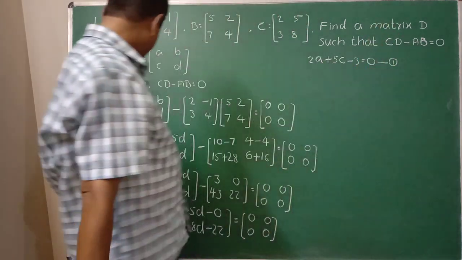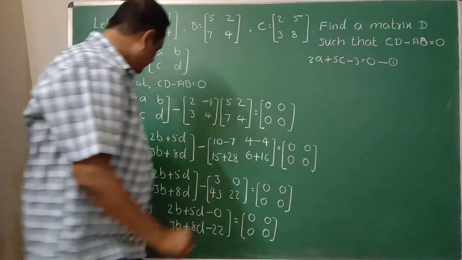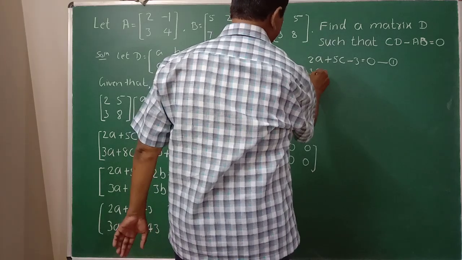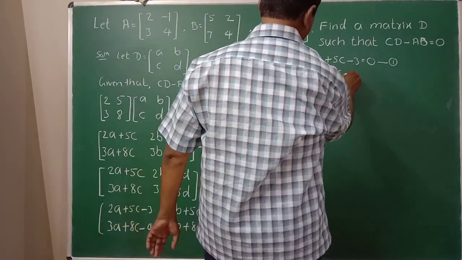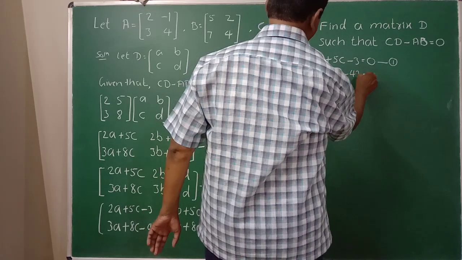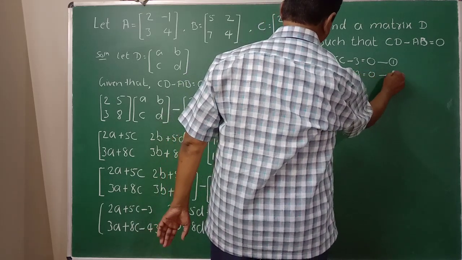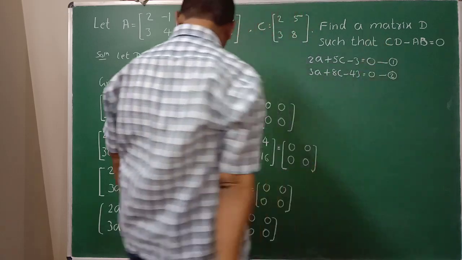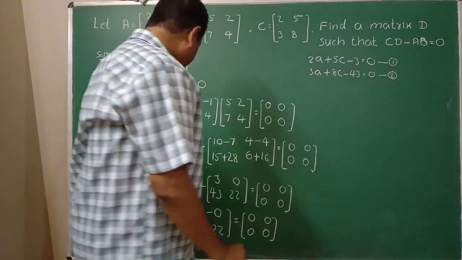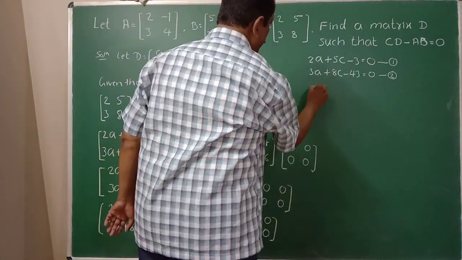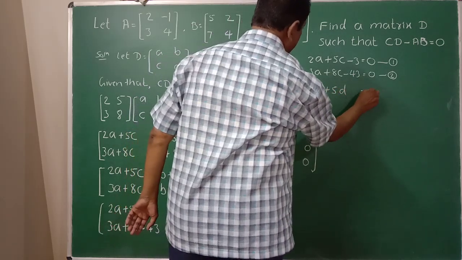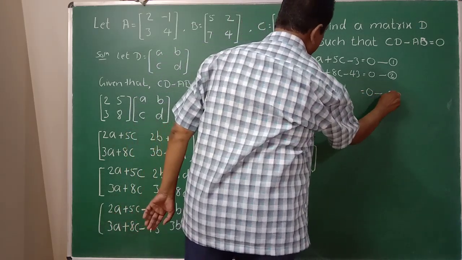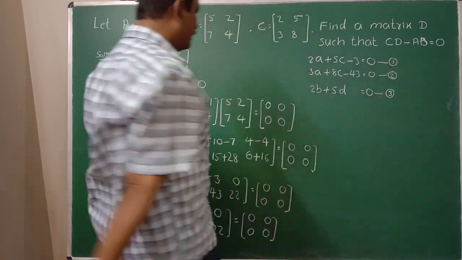Then 3a plus 8c minus 43 is equal to 0, equation number 2. Then 2b plus 5d is equal to 0, equation number 3.